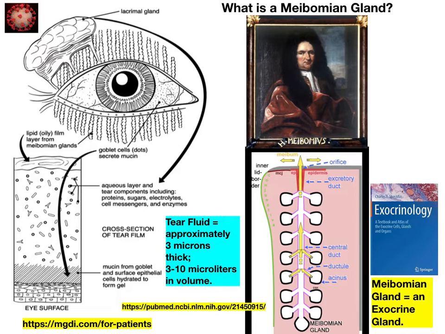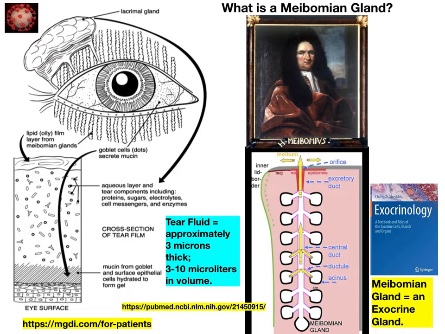The tear fluid is approximately 3 microns thick, and the tear fluid has a volume of about 3 to 10 microliters. This is a very small amount of fluid. What prevents it from rapidly evaporating? This evaporation is attenuated by a thin oily film which is secreted by meibomian glands.